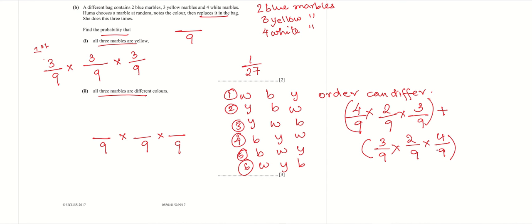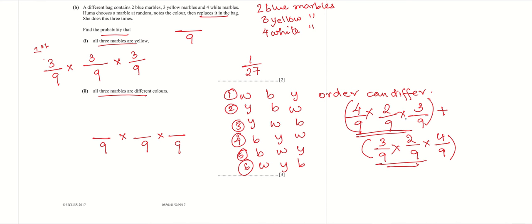So we'll have to do this 6 different times for all of the different orders, right? A lot of time will be consumed doing that. You can see that if you calculate 4 divided by 9 multiplied by 2 divided by 9 multiplied by 3 divided by 9, if you add, this is basically the same amount as this.